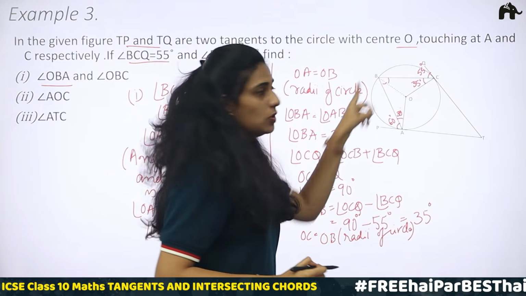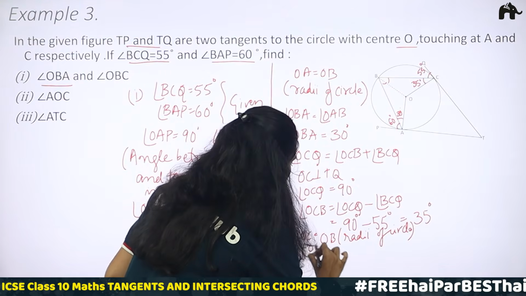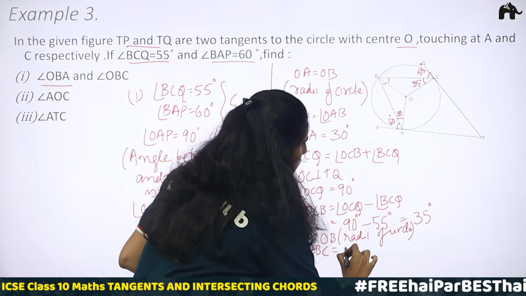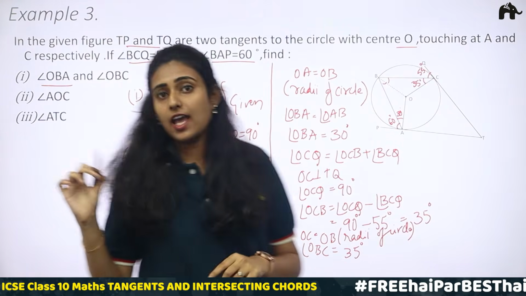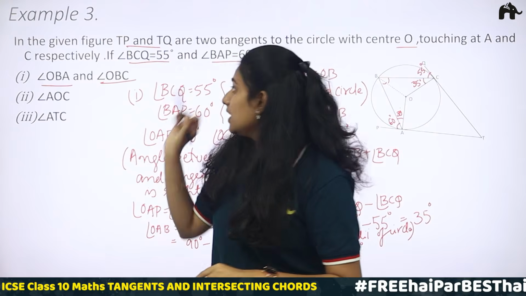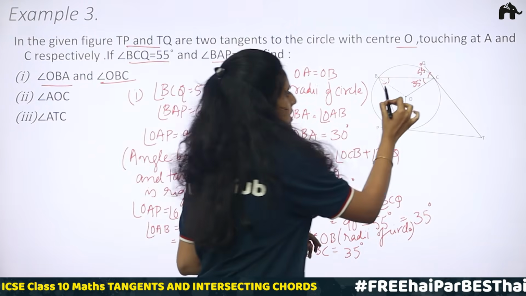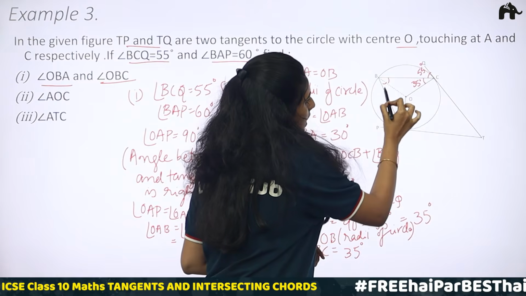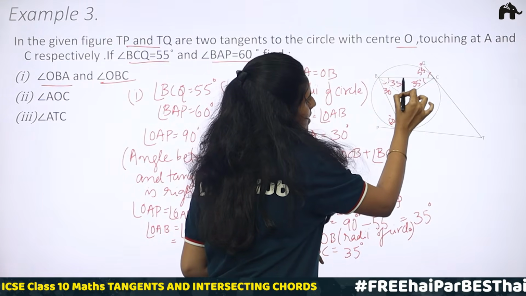OCB is equal to 35 degrees. Therefore angle OBC should also be equal to 35 degrees. So we got OBC also equal to 35 degrees. Here OBA is 30 degrees and OBC is equal to 35 degrees.